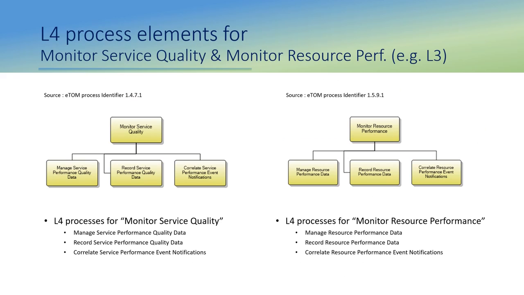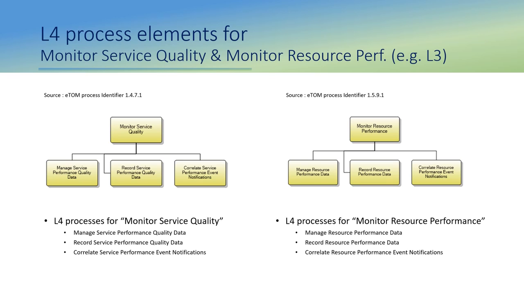If we were to consider previously decomposed L3 processes from service domain and resource domain, there is a possibility for decomposing them further to level 4. For example, in service domain, consider monitor service quality. It can be decomposed as manage service performance quality data, record service performance quality data, correlate service performance event notification.